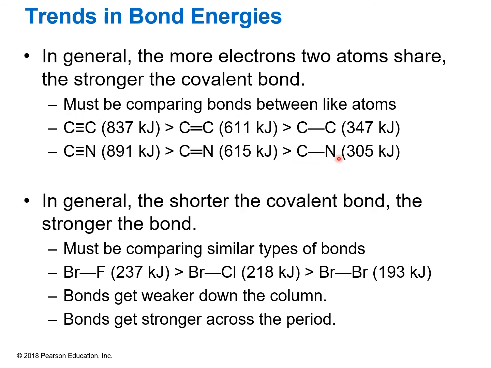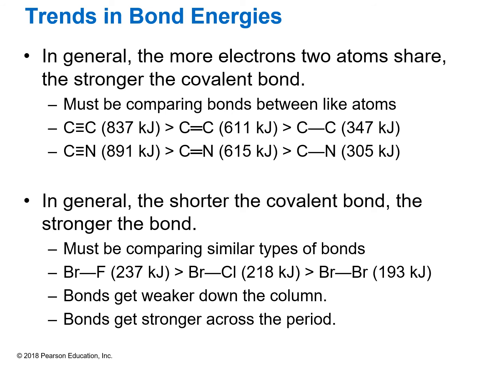And even if we were looking at a bond between carbon and nitrogen, we can see that going from single to double, it almost doubles, and then going from double to triple, it's a little bit less than double.